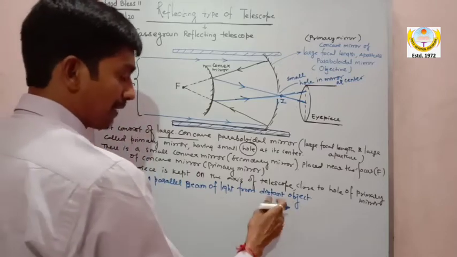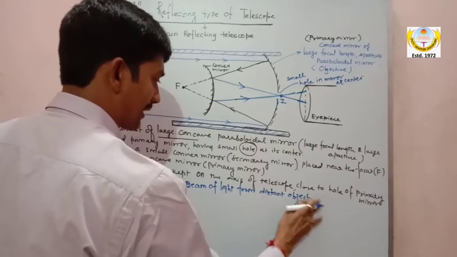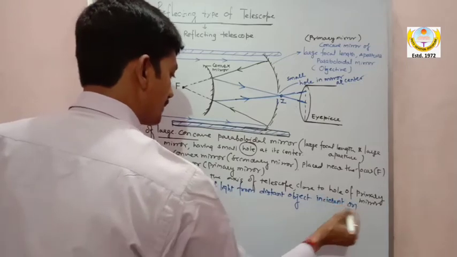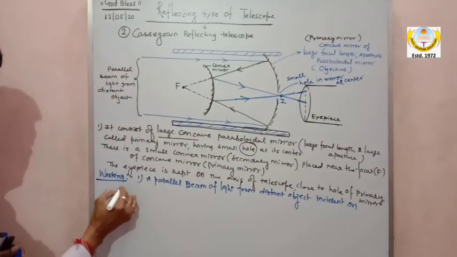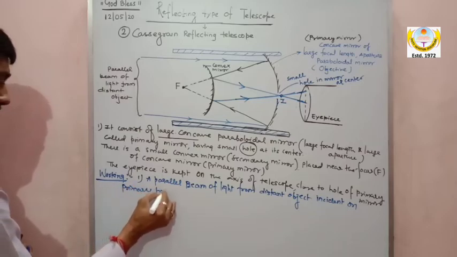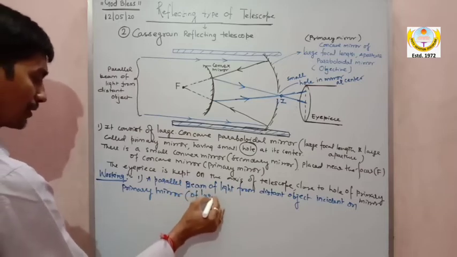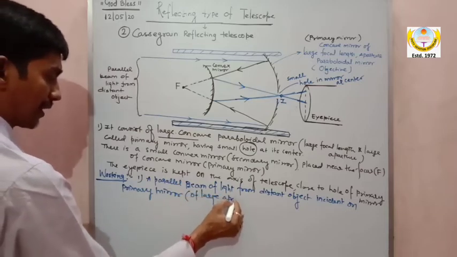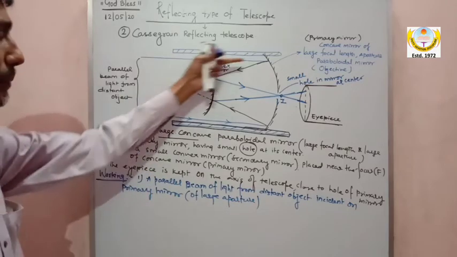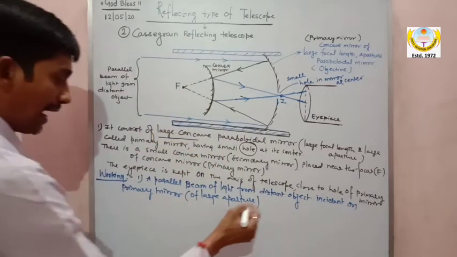A parallel beam of light from a distant object is incident on the primary mirror of large aperture. You all know the primary mirror is a concave mirror. So it is incident on the primary mirror or concave mirror of large aperture, my dear.